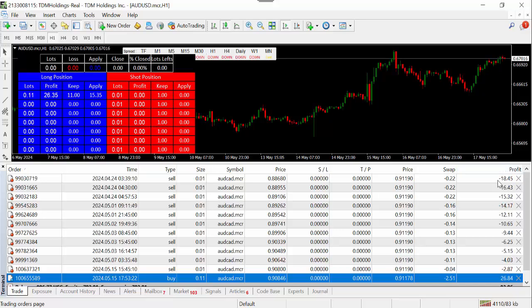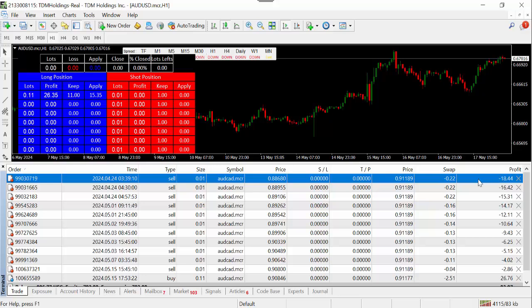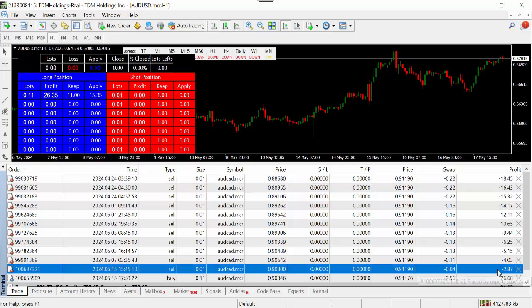So if we start from this side, these are the first trades that entered the hedging sequence. And if you look down here, these are the last trades that entered the sequence.